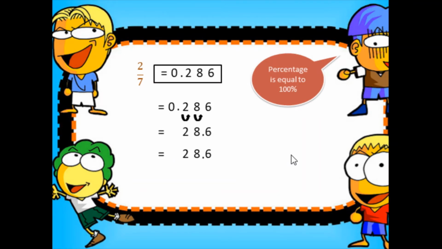And don't forget the rule. You add a percentage sign after the last number. So now 2/7 is equal to 28.6%. Okay? Again, 28.6% is the percentage form for the fraction 2/7.